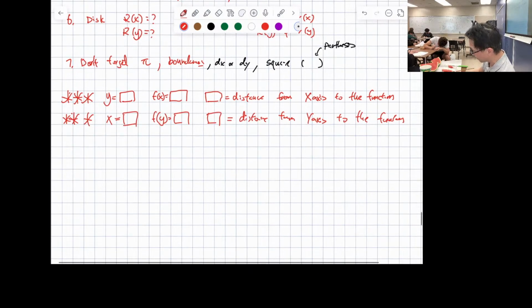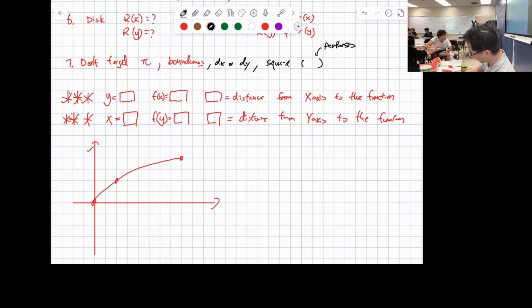I'll give you an example. For example, we have square root x. This is square root x, right? Remember, from here to this point, it's y equal to square root x.